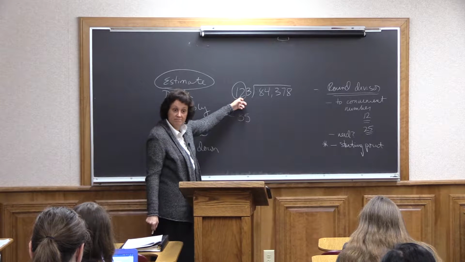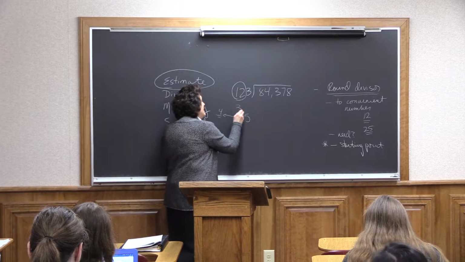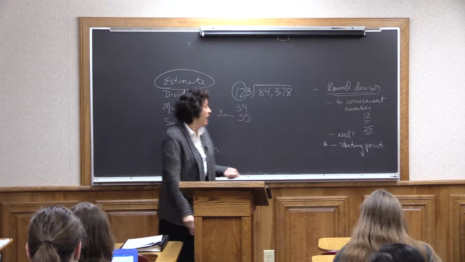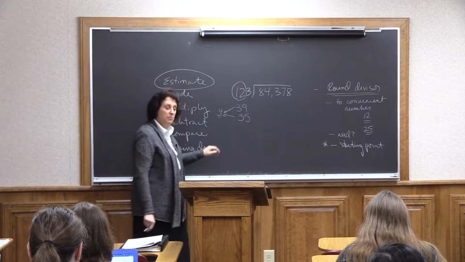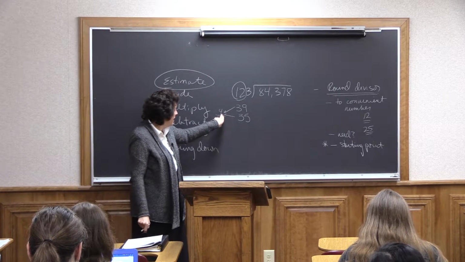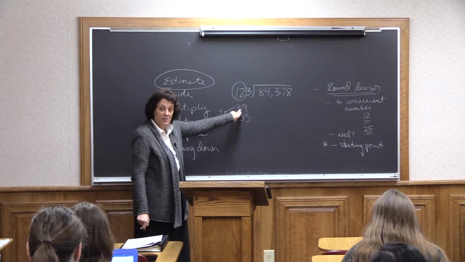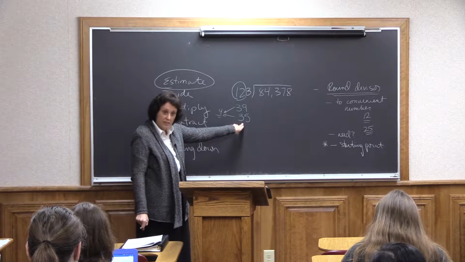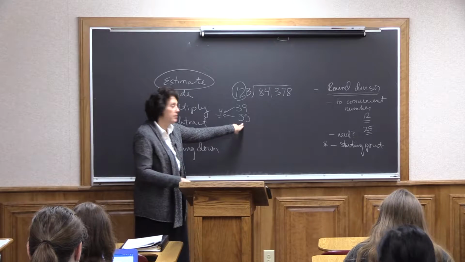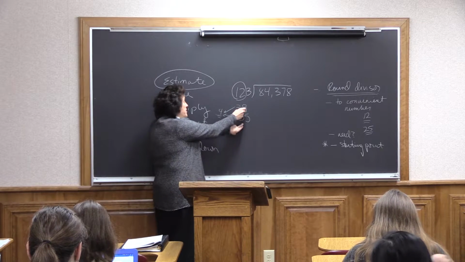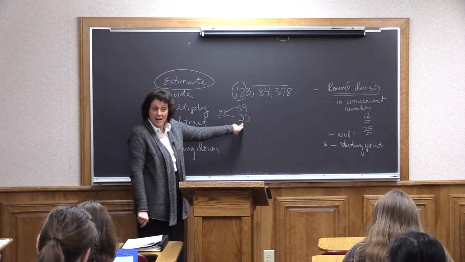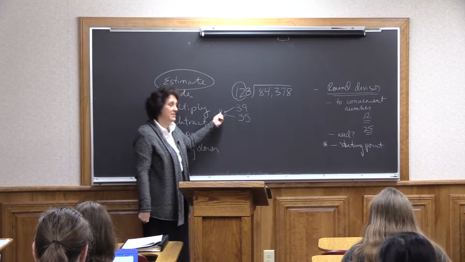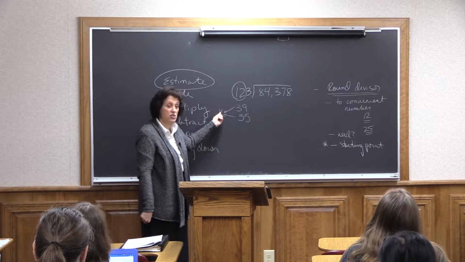What if I had 39 as my actual divisor? I would still use 4, wouldn't I? But is this going to give me a more accurate estimate for 39 or more accurate for 35? Do you understand what I mean by the more you round, the less accurate your estimate becomes? If my original divisor is 39 and I'm using 4, I'm going to be pretty confident with that estimate. But if my original divisor is 35 and I'm using 4 in my estimation step, I'm going to be suspicious.